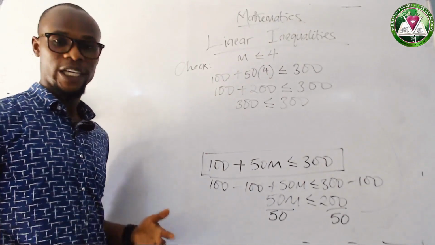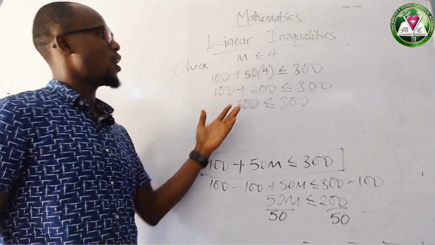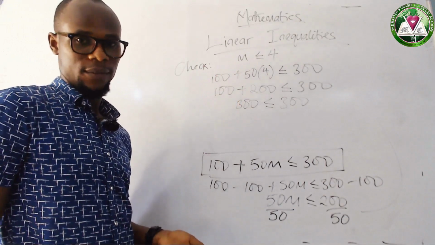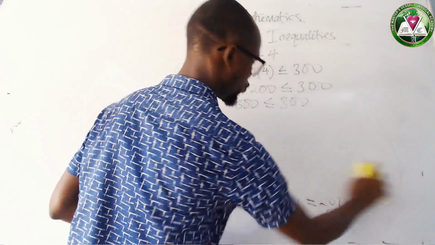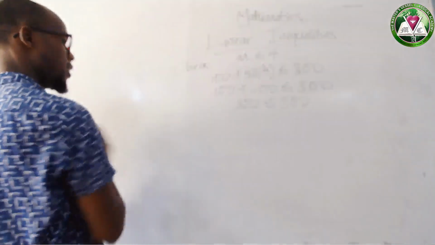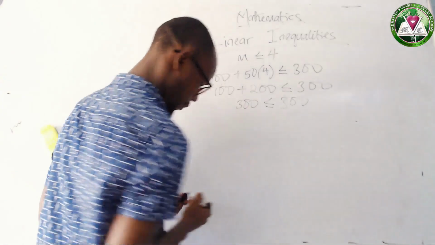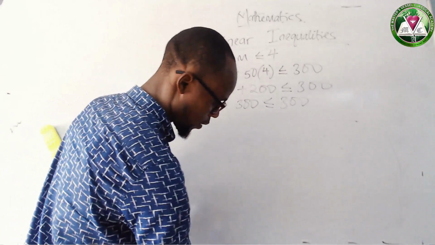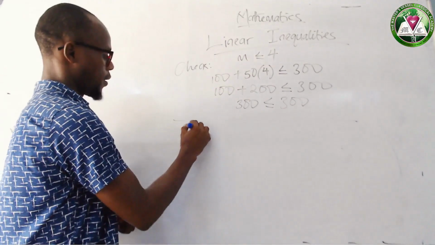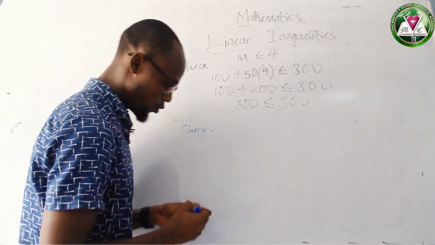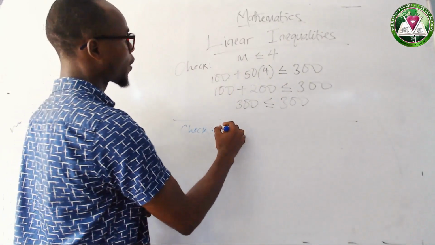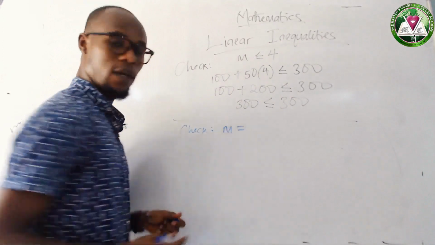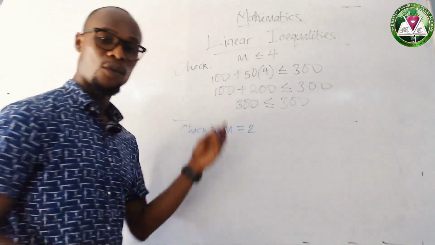Now we can also check if Morgan decides to travel only 2 miles. Let's see what happens. We need to check if m equals 2. That means Morgan is traveling for 2 miles.